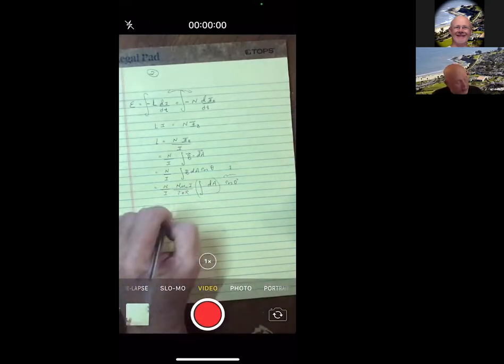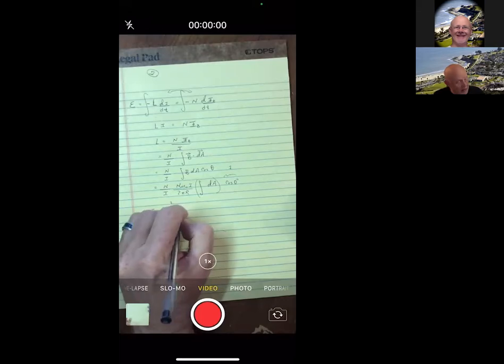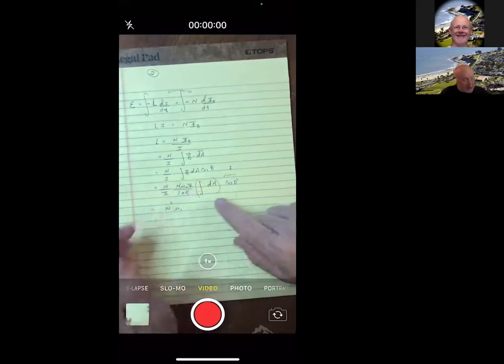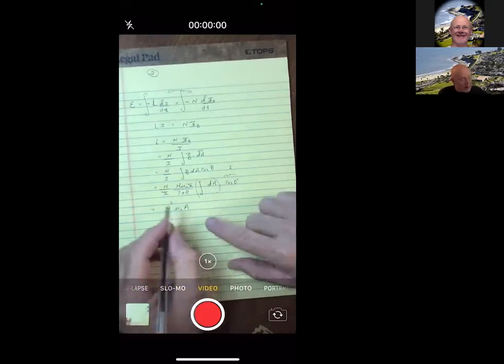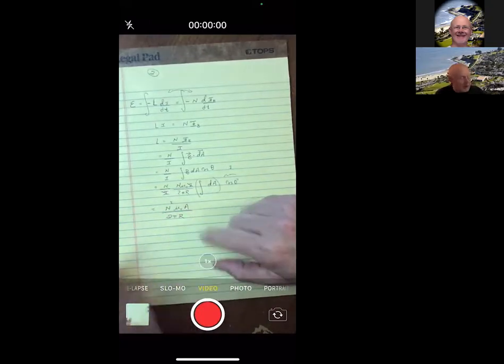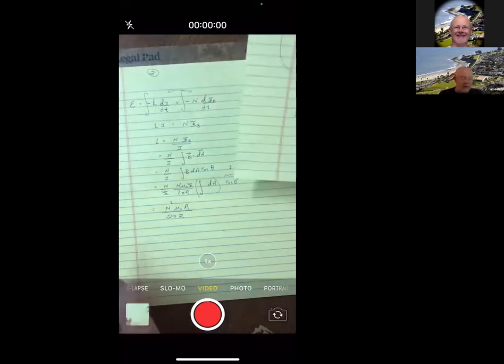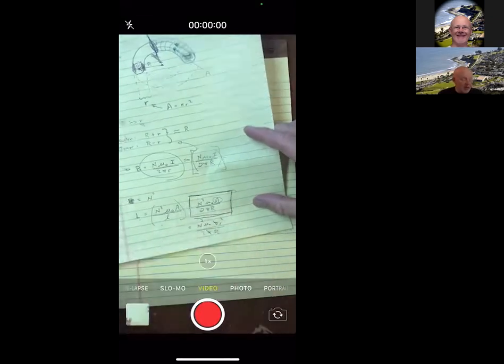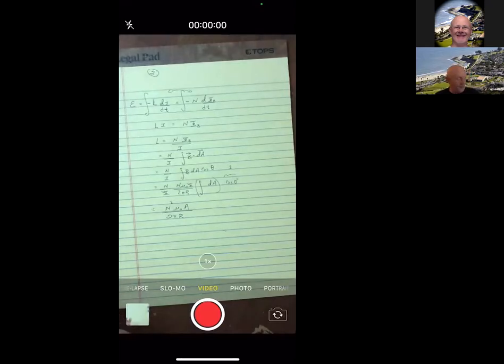So the numerator here becomes this N squared, this mu naught, and the I on top and bottom cancel off, and you get your area. And down at the bottom, you get your 2 pi R. And that's exactly what we're supposed to get and prove.